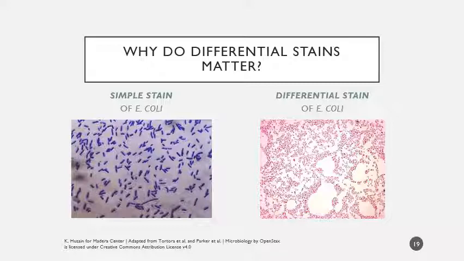And then a counterstain, safranin, was applied. So ultimately, E. coli only retains the safranin color. It loses the crystal violet. So the differential stain tells us how this E. coli is different from cells that do retain the crystal violet. We'll explore those differential stains over this section.